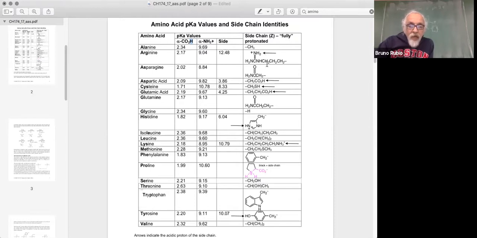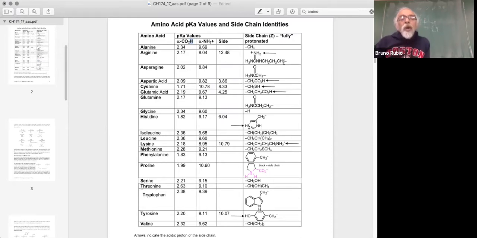And what I've done here is I've added little arrows indicating which proton is being removed. So if we look at arginine, arginine has 3 pKa's, one for the carboxylic acid, one for the ammonium ion, and one for this proton with the arrow pointing to it in the side chain. The pKa of that is 12.48.